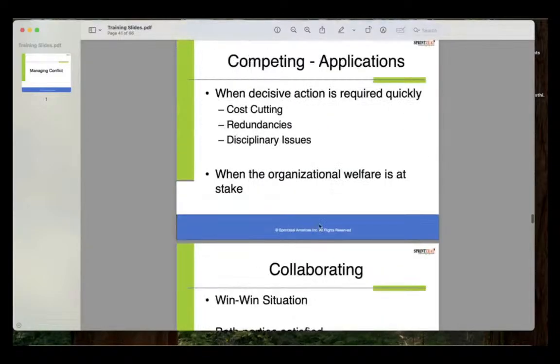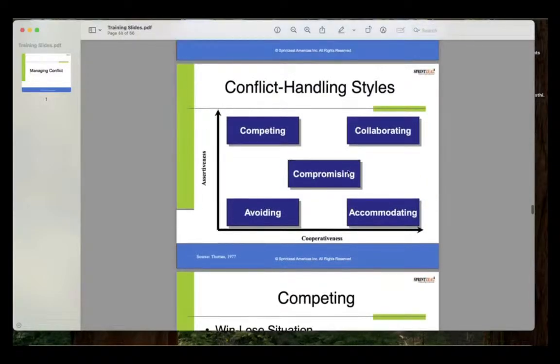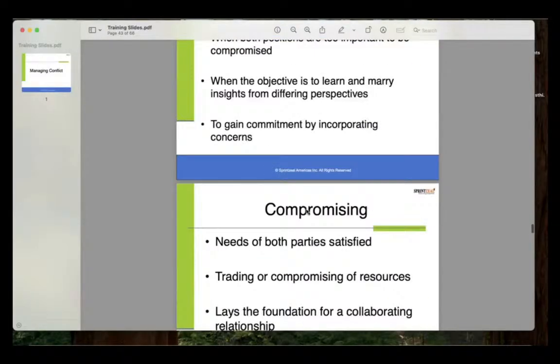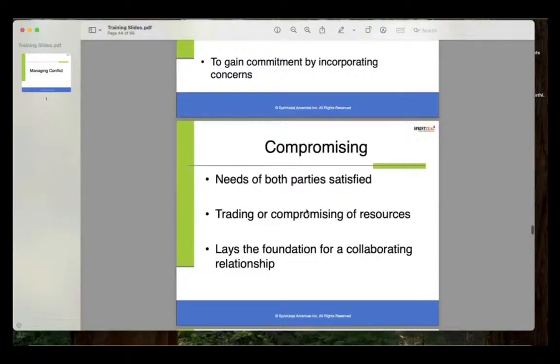Okay, then comes the middle one, which is compromising. So we understood the competing style, the collaborating style, and then the compromising style. As the name suggests, needs of both parties are satisfied in this, through trading or compromising of resources.